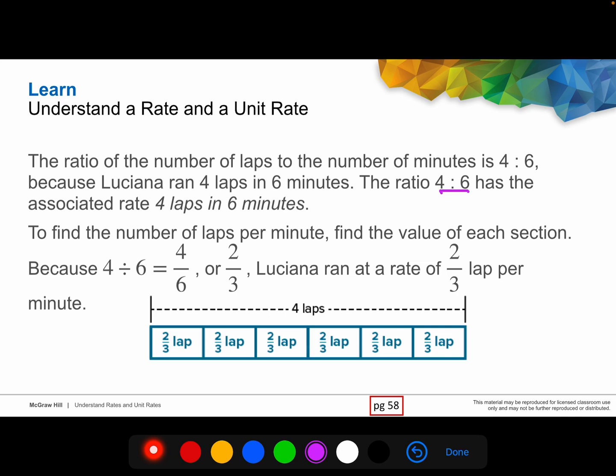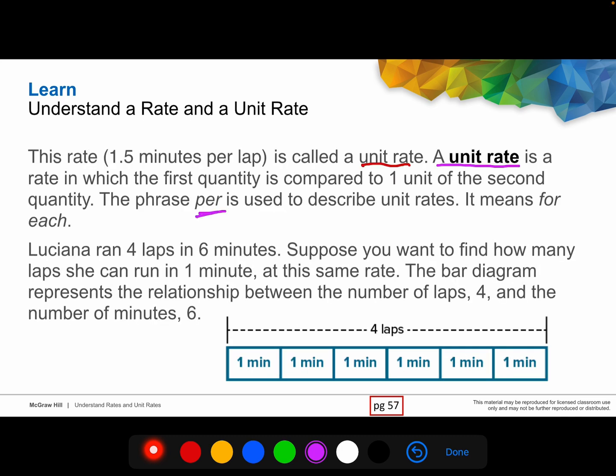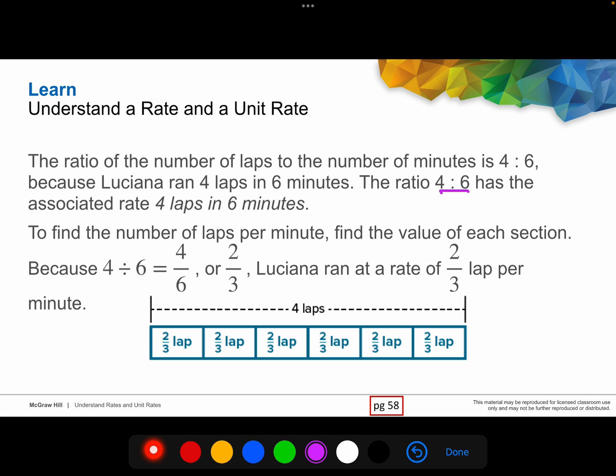And to find the number of laps per minute, we find the value of each section, which is 4 divided by 6, or in other words, 2/3. So Luciana ran at a rate of 2/3 lap per minute.